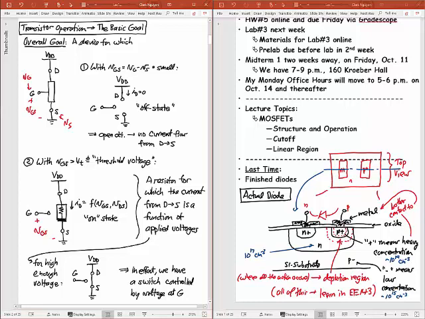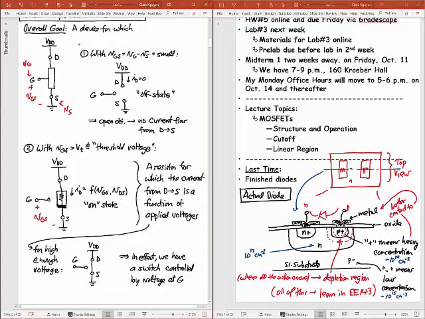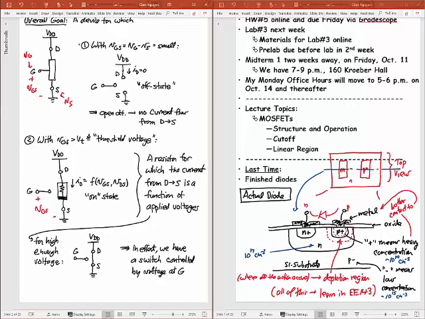Now, there is a case that you see in digital electronics where I make VGS so large that essentially this looks like a short between the drain and source. So again, that's my VGS. And if I make it large enough, then this is going to get to its lowest resistance. And it's going to look almost like a short.